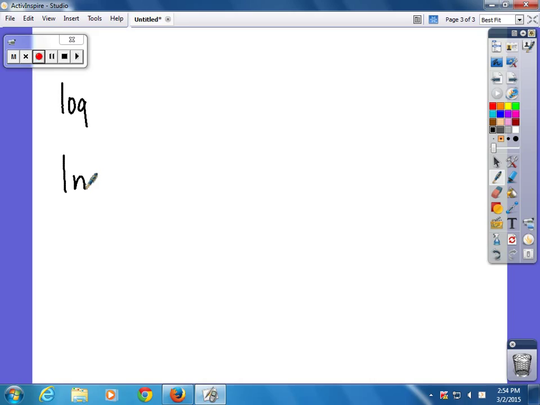And if it's not there, it's understood to be log base 10. Natural log is log base E. And E is equal to 2.7, blah, blah, blah. Now those are the only two buttons on your calculator. So these are the only two that can be calculated with your calculator.